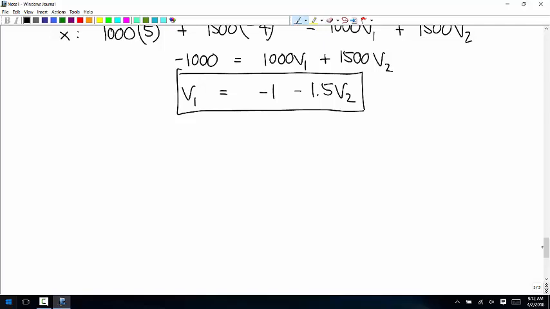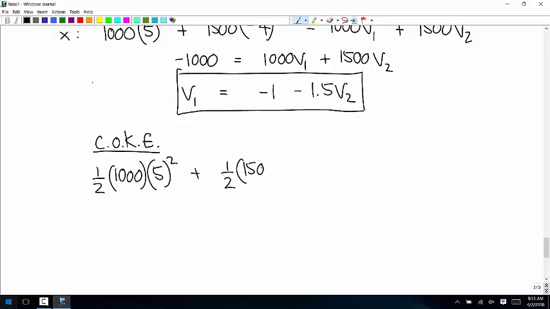And then conservation of kinetic energy says 1/2 times 1,000 times V1 squared. Well, we know what that is before the collision. That is 5 squared plus 1/2 times 1,500 times negative 4 squared. The negative isn't going to matter in this one because kinetic energy doesn't have direction, so all that matters is the speed.